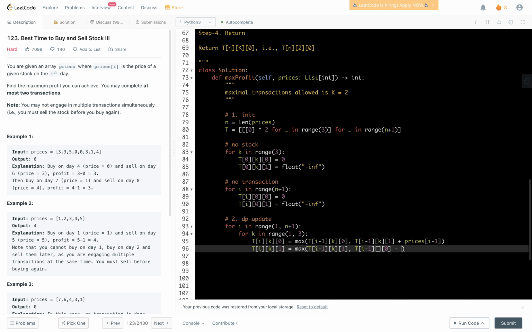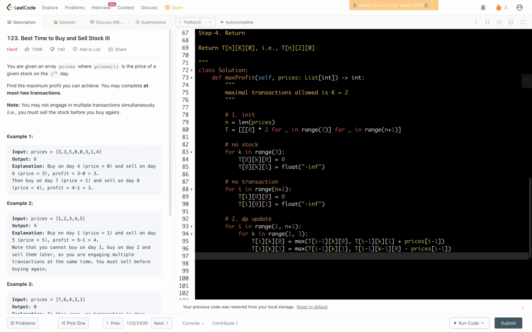If we buy, we pay some price, so we have negative. But if we buy a new stock, we initialize a new transaction. So in the previous day i-1, the maximum allowed transactions is k-1. This part is a subtle detail that's very important. With that done, we actually finished the DP update.